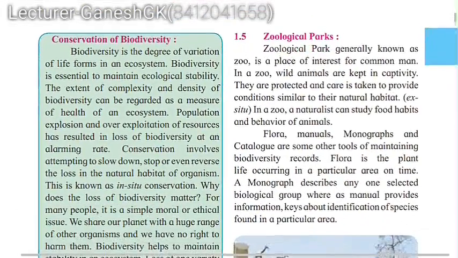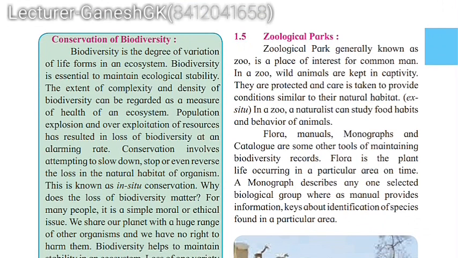So next, let us discuss what zoological parks are. A zoological park is generally known as a zoo. Zoo means animals. It is a place of interest for the common man. Different kinds of animals are kept preserved there, so that they are protected and care is taken to provide conditions similar to their natural habitat.